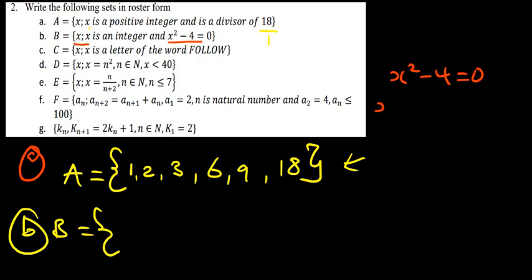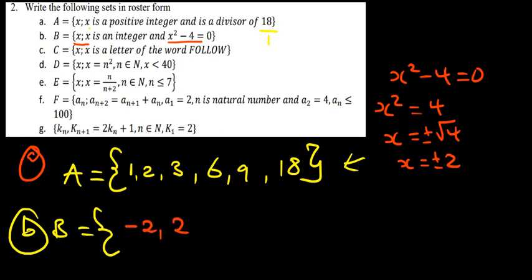So this will be x squared is equal to 4. So meaning that we have x is equal to plus or minus the square root of 4. So it means our x will just be equal to plus or minus 2. And we know that a plus 2 is an integer, even a minus 2 is an integer. So it means in this set B we are going to have minus 2 and positive 2. These here will be our elements when we list them.